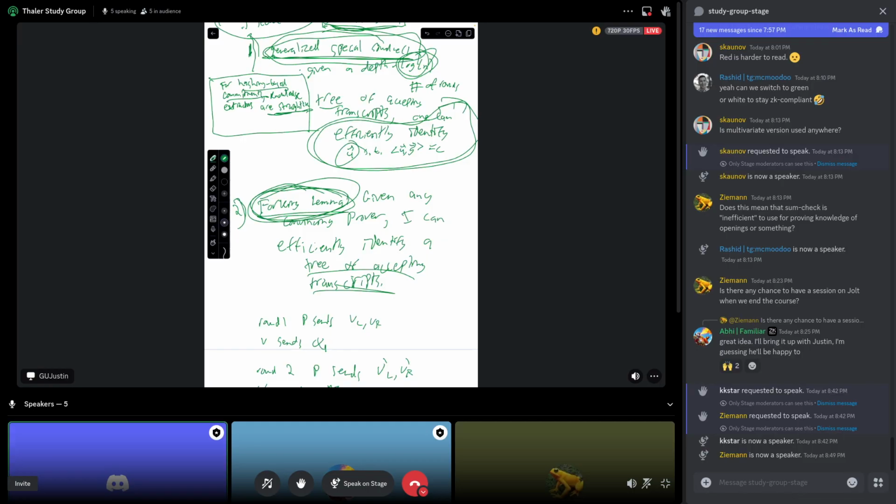Micali's SNARK takes any PCP, and has the prover send, rather than the whole PCP, just the Merkle hash of the PCP, right? Then the verifier sends the PCP queries, and the prover opens just the queried parts of the proof, and you Fiat-Shamir it, right?